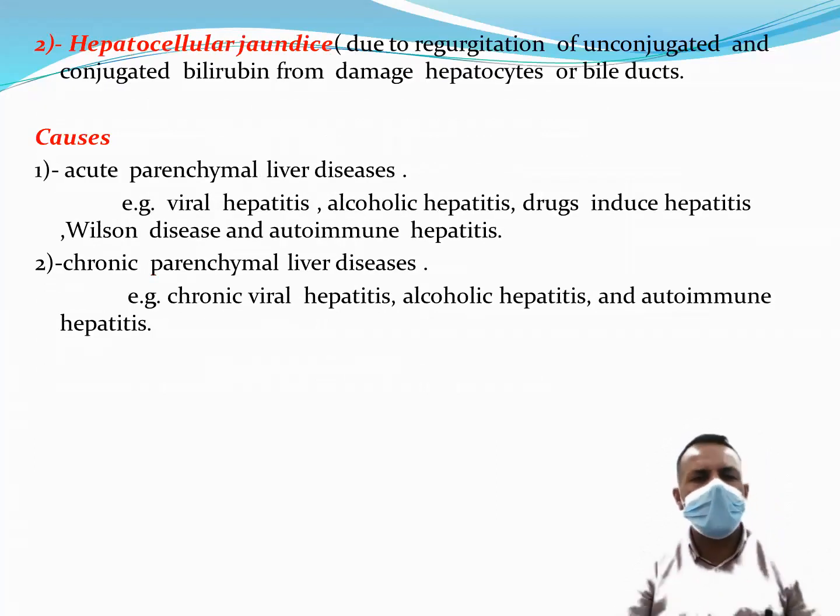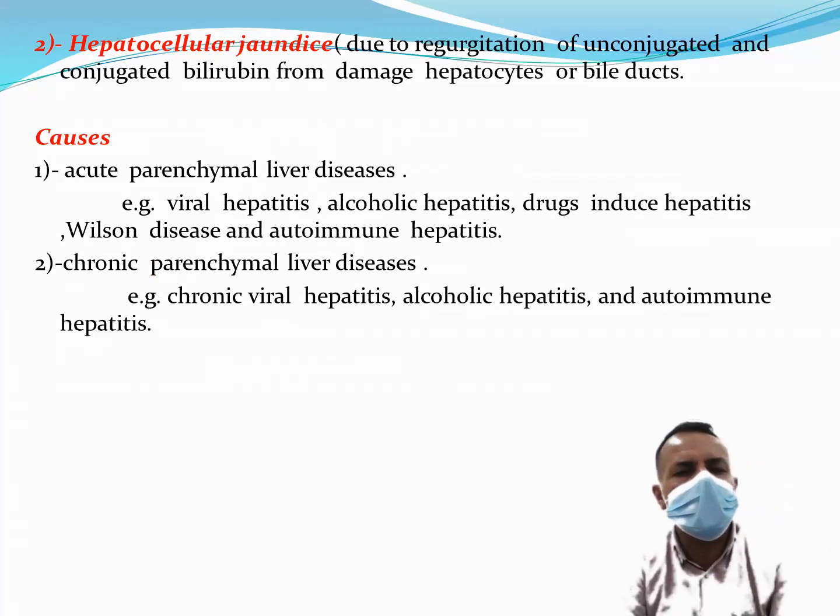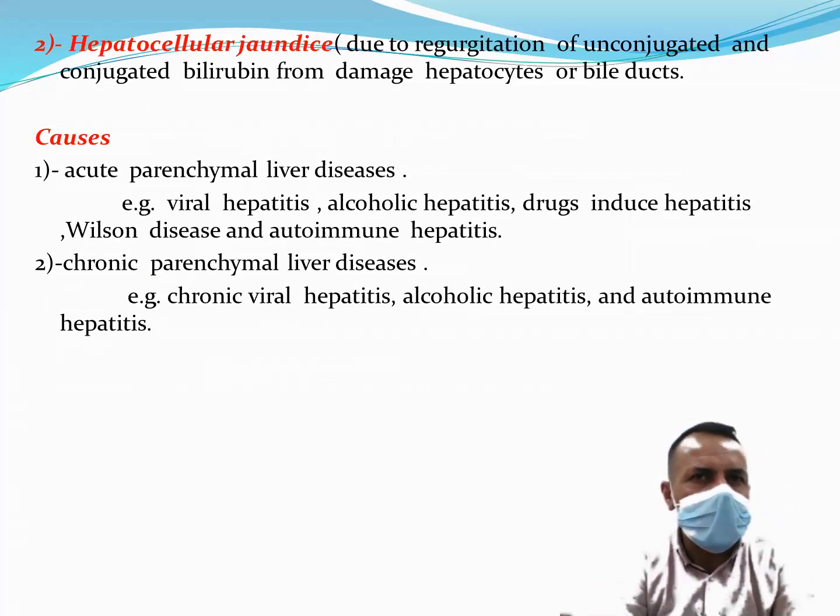The other type of jaundice is called hepatocellular jaundice. In hepatocellular jaundice, any disease inside the liver, whether acute or chronic liver disease, leads to destruction of hepatocytes.